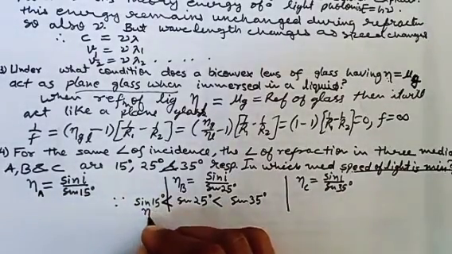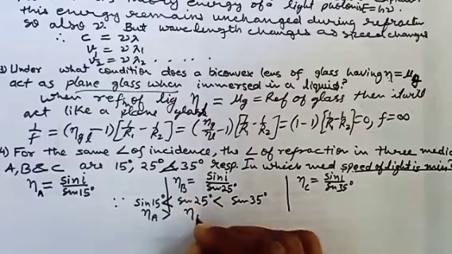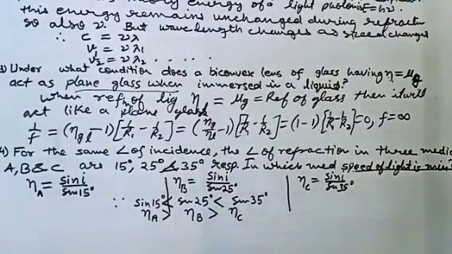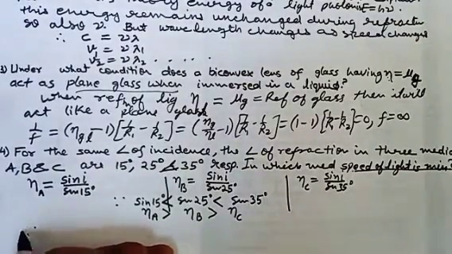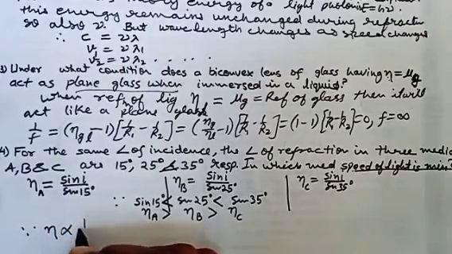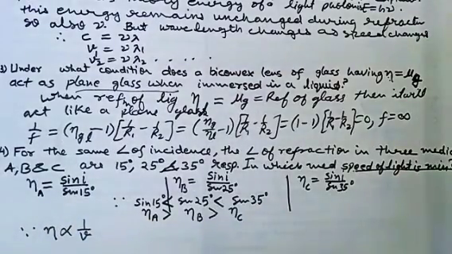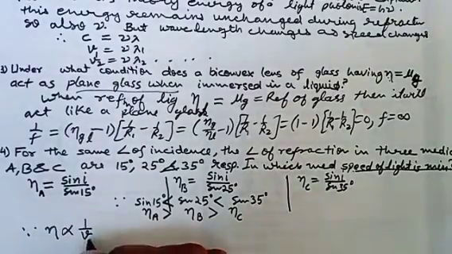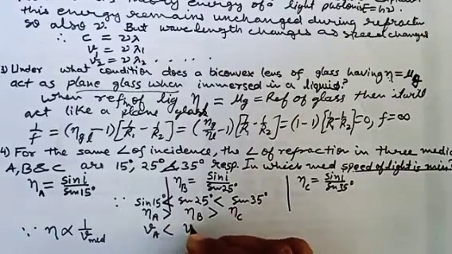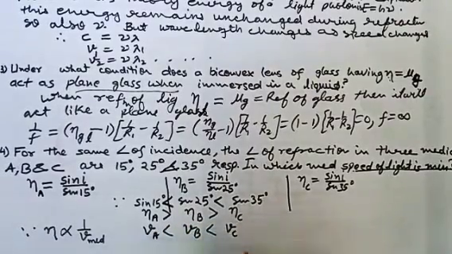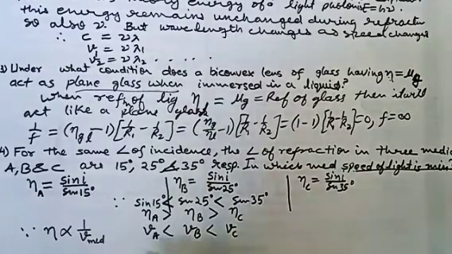So we can say eta for A is greater than eta for B is greater than eta for C, and the medium with the greatest refractive index will have least speed of light, since eta is itself inversely proportional to speed of light in that medium. That is why V in A is less than V in B is less than V in C. So speed of light is minimum in A.